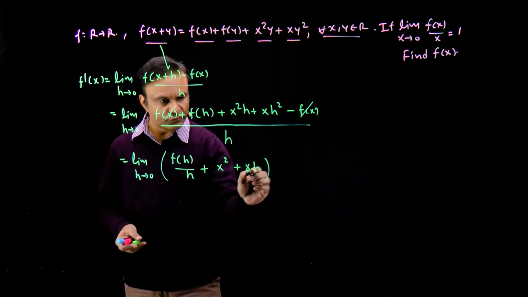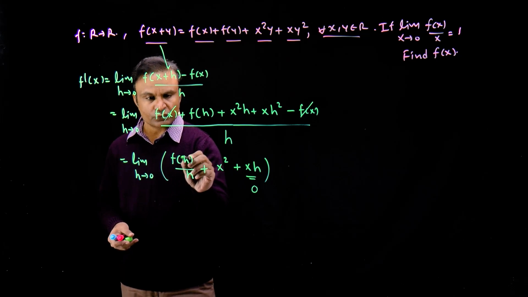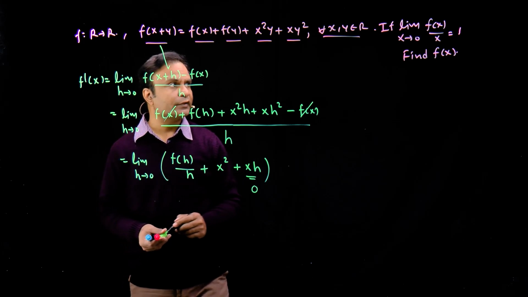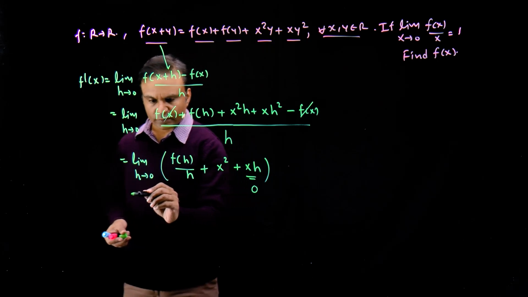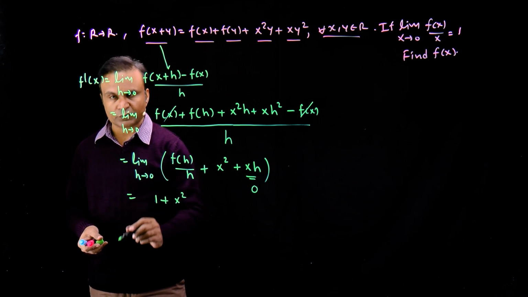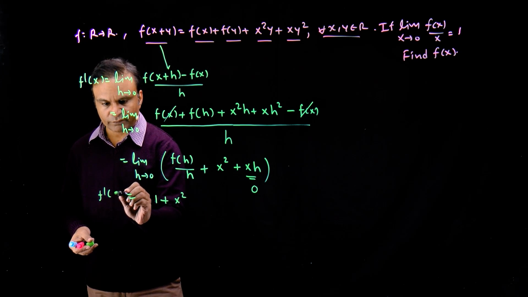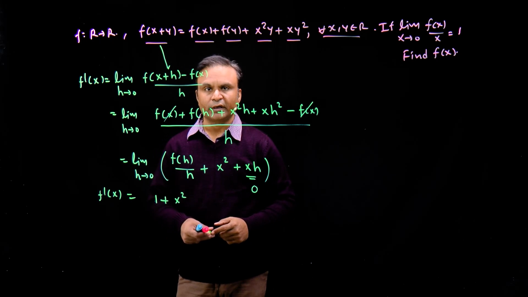Now when h tends to 0, this value is 0, and when h tends to 0, f(h)/h, this value is 1 because this limit is given. So we have actually 1 + x². So we are getting here f dash x as 1 + x².